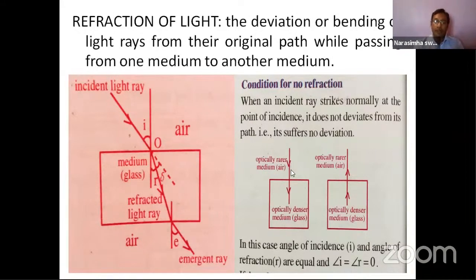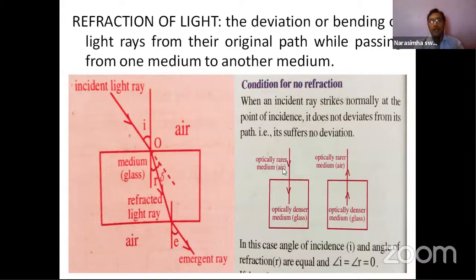So, whenever the incident ray makes any angle to the normal while moving from one medium to another medium, refraction takes place. But without any angle, if the light ray is incident along the normal, then there is no bending.